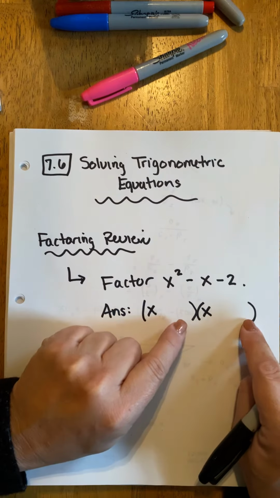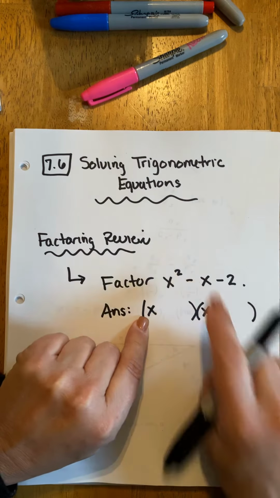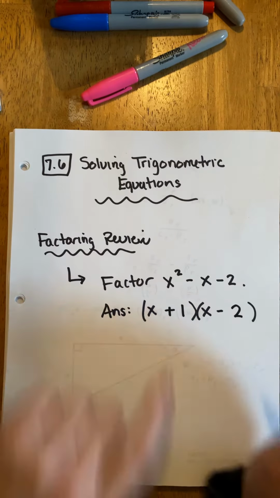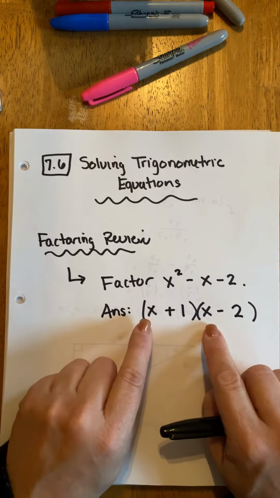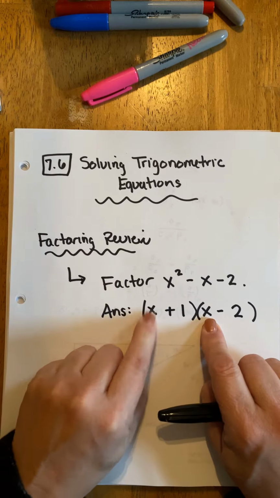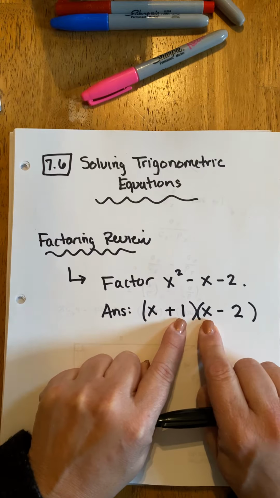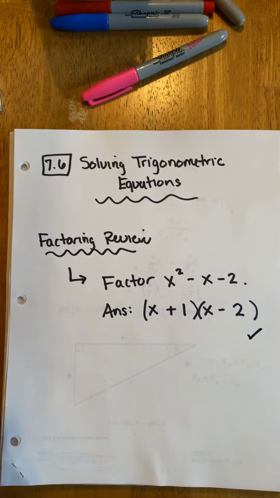We're looking for 2 values to put here such that the product is -2, but then the inners and the outers will give me -1. So because of our experience with factoring, we know that we can factor x squared minus x minus 2 to x plus 1, x minus 2. Product of the first is the first, product of the last is the last. Inners give me 1x, outers give me -2x for the needed -x in the middle.